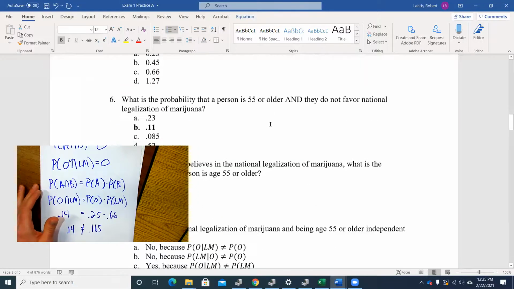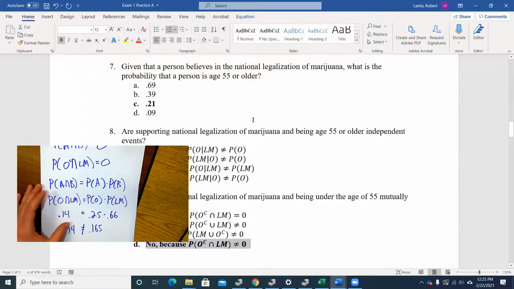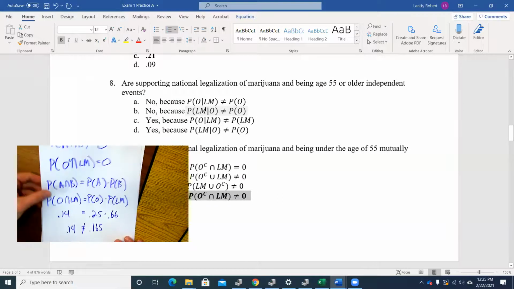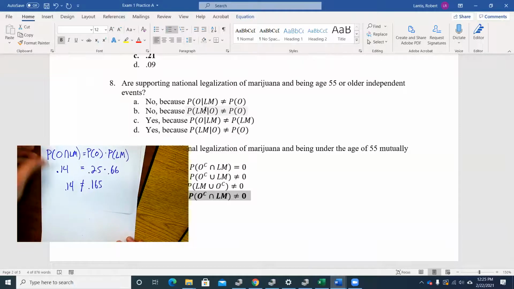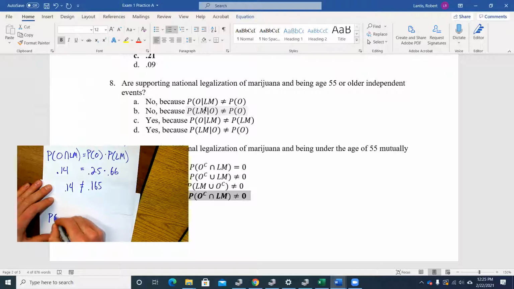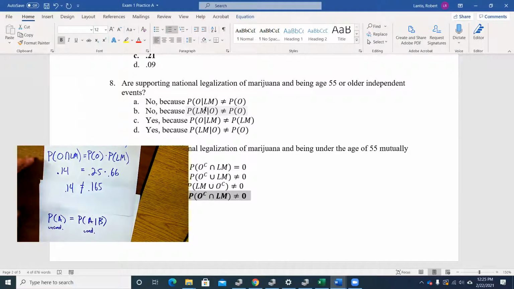The problem is the answers that we have here, so that might be good for a short answer, but here I've got the actual definition of independence. The actual definition is if the unconditional probability of A is the same as the conditional probability of A given B, then these are independent events. It doesn't matter if we know that B has occurred.